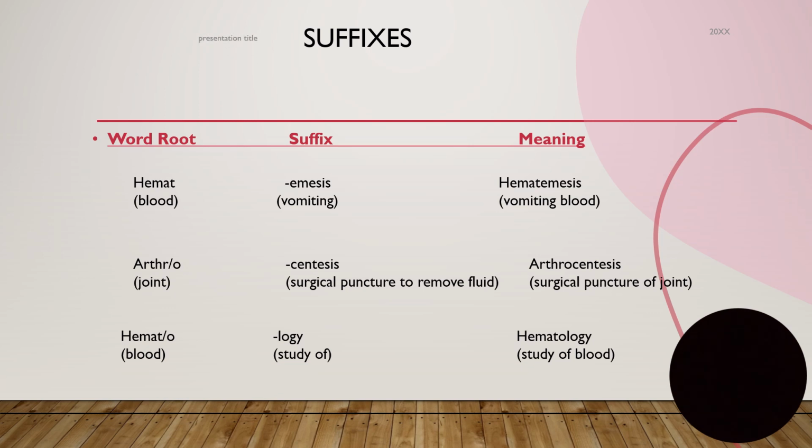The next and final one I have is the example where the suffix starts with a consonant. So the word root again is hemato, which means blood. Logy, which I described previously, means study of. You put that together and you have hematology, study of blood.